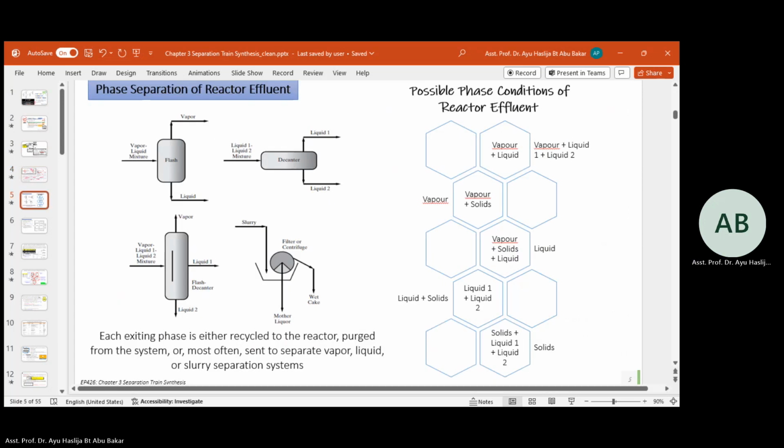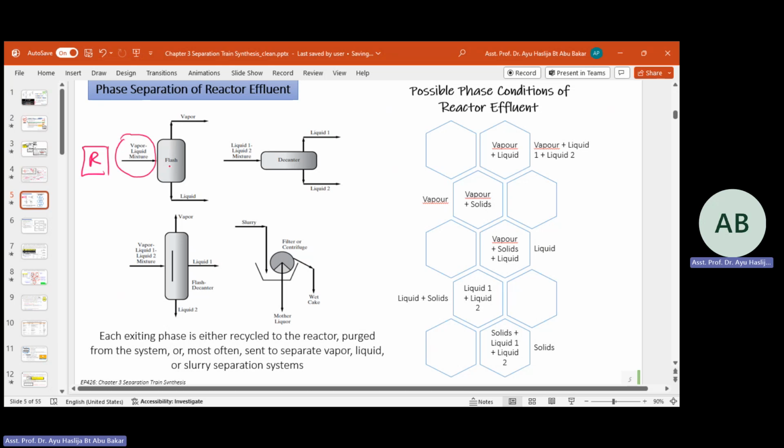Now, phase separation of the reactor effluent. There are a few phases commonly produced after the reactor, in the reactor effluent. So here, assume this feed is from the reactor, then goes into the separator.